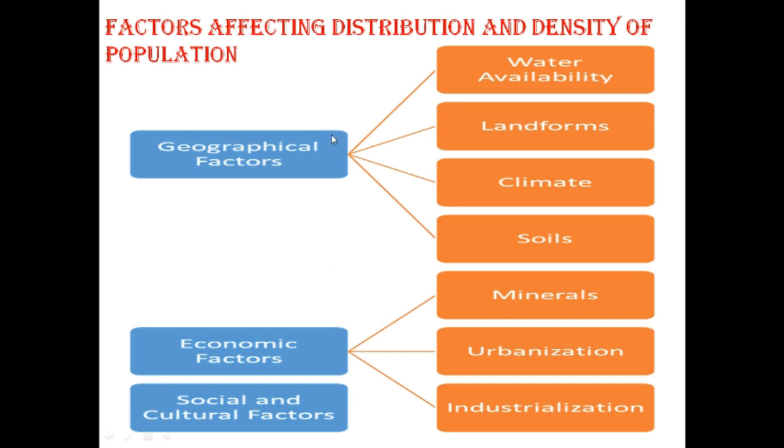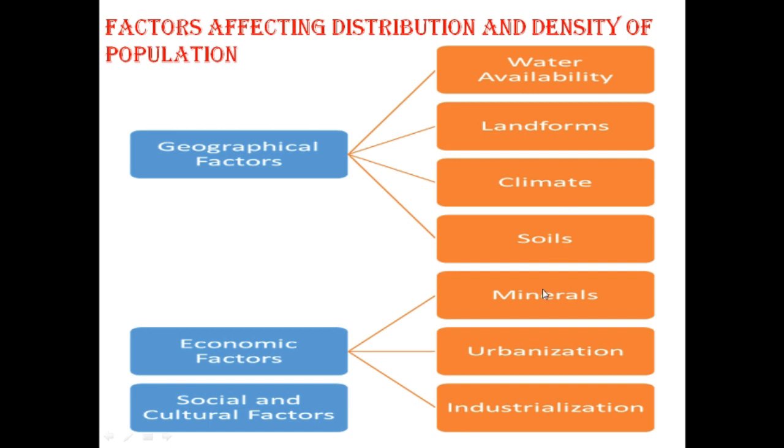First of all, the first factor under geographical factors is water availability, landforms, climate, soil. These are the main four factors under this first group, geographical factors. Second is economic factors, and we divide it into three main subparts.